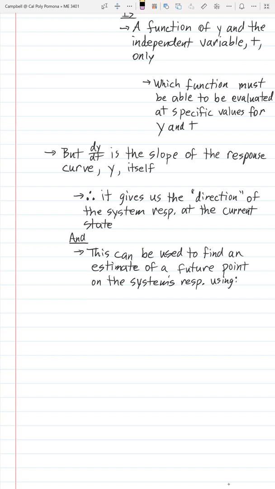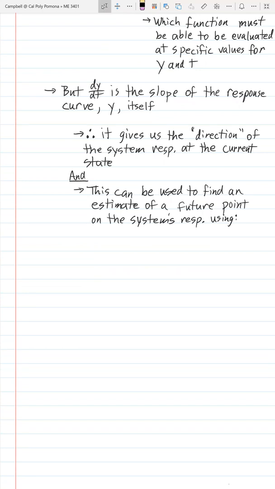So we can use this slope to find a future point, or the response at a future point in time, by saying that yi plus 1. So we're going to assume that right now we're at yi, so we know what yi is, and we're going to find a future point.